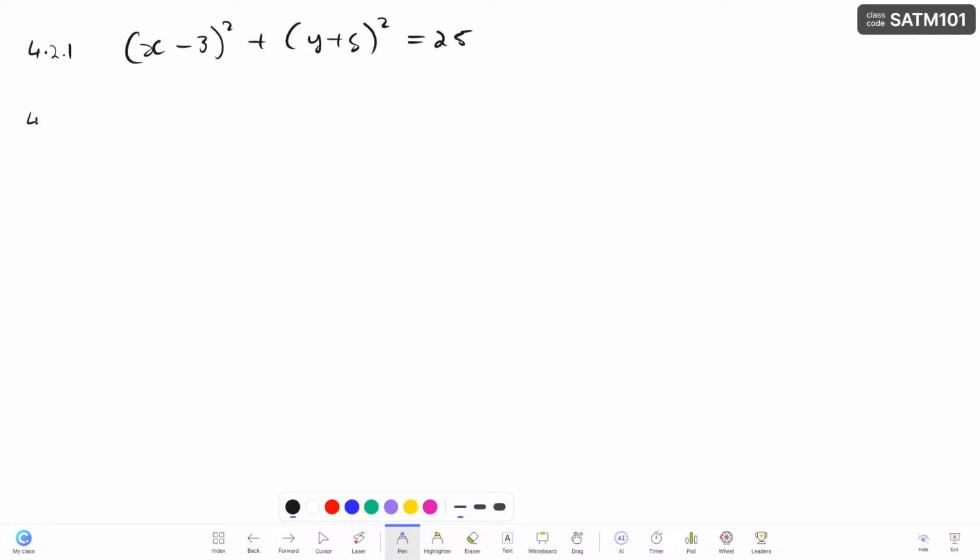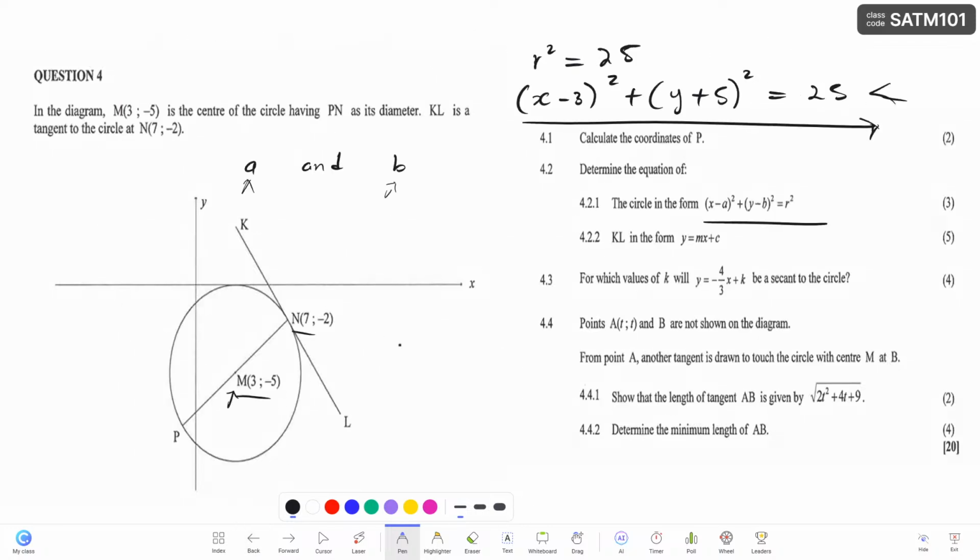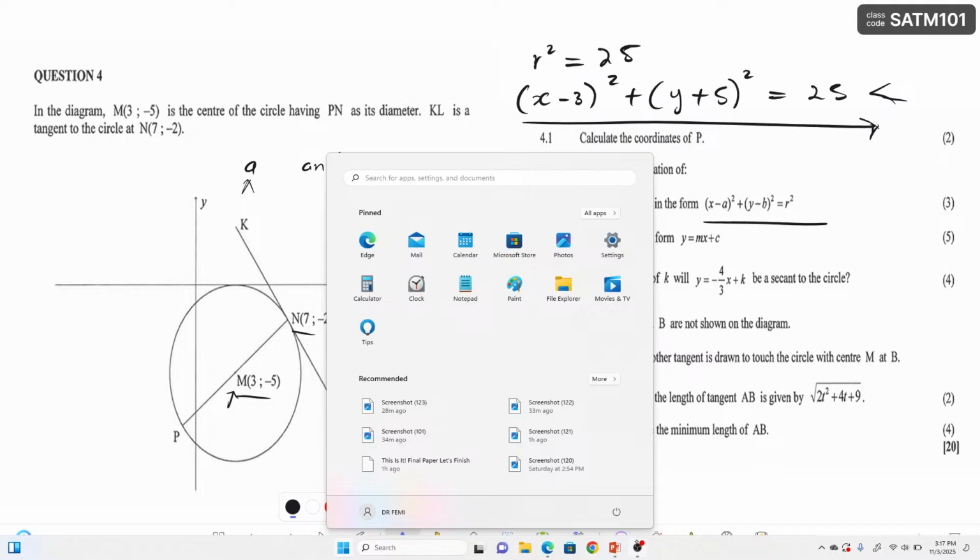So okay, let's go to 4.2.2. So 4.2.2, they said calculate or determine the equation of KL. KL is this one, in the form of y equals mx plus c. So okay.